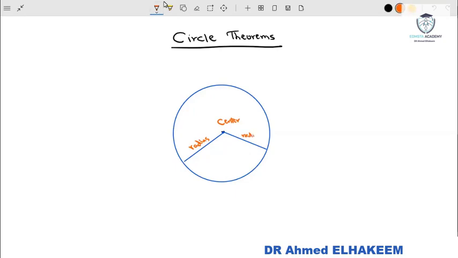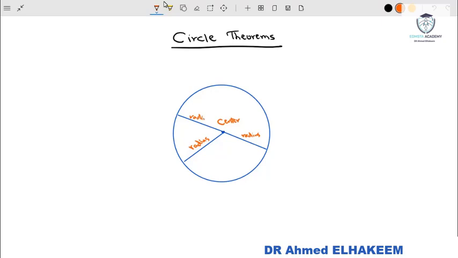Yes, radius. Now, if I connect this line till I reach the circumference here, this is called what? This is called now diameter, because this is a radius and this is also a radius.